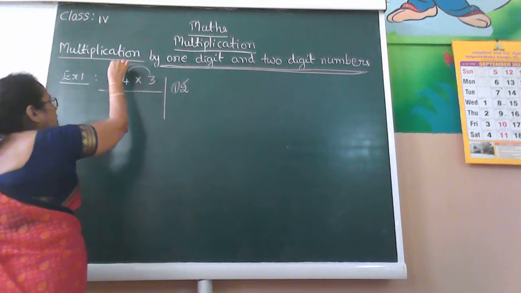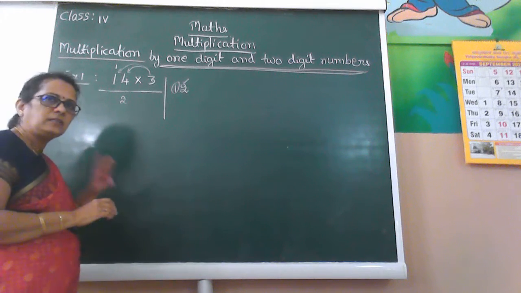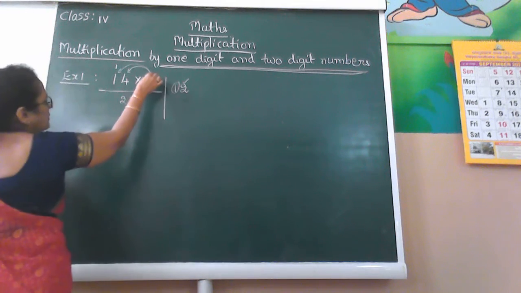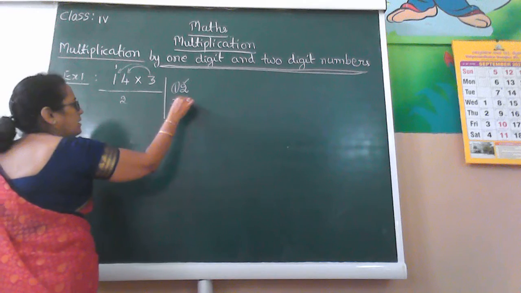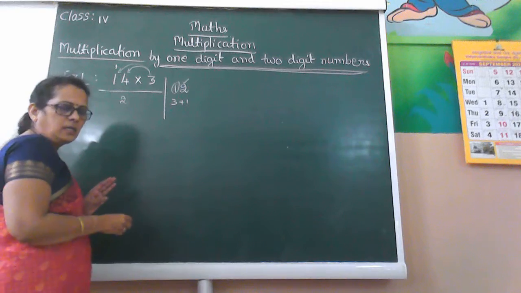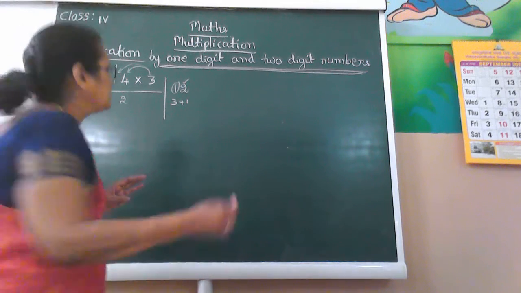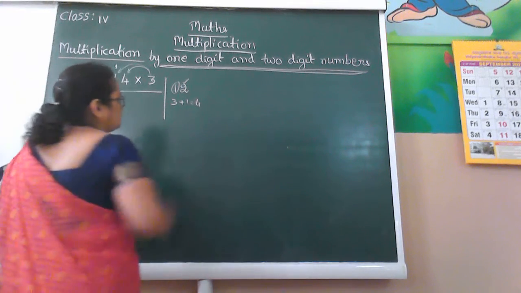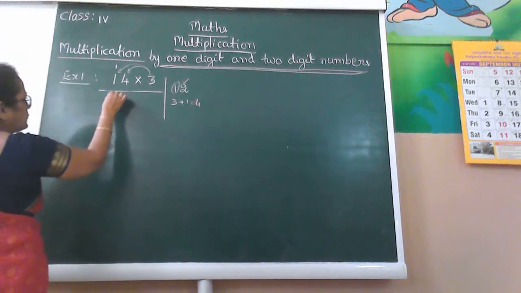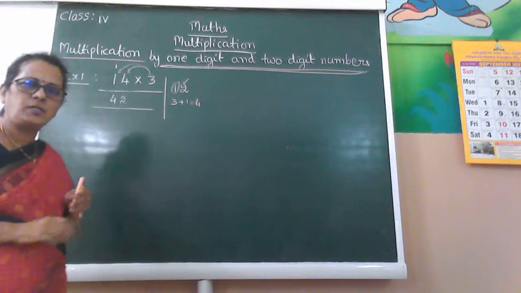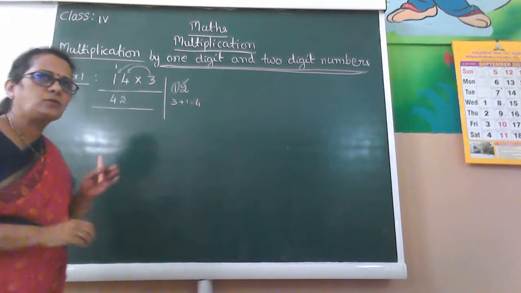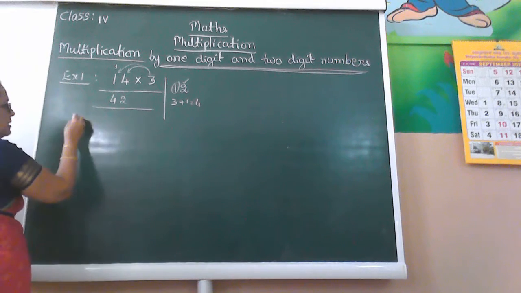Now you add this carry to 3. 3 plus 1. See here, 3 ones are 3 and 1 carry, you add 1 to this. So you get the answer as 4. Isn't it? Write this 4 here. So 14 threes are how much? It is 42.